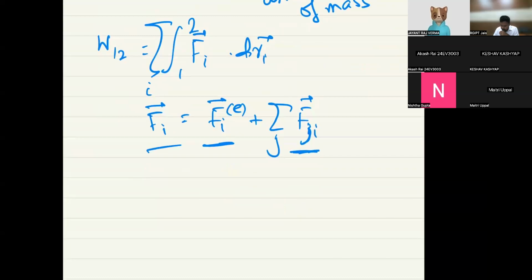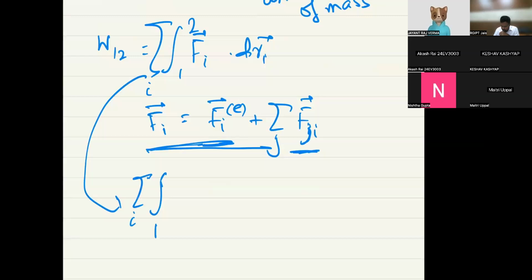So if we replace F_i by this term here, what will we get? The summation over i will be outside, and we are moving from 1 to 2. We replace F_i by F_i^e and do the dot product with dr_i. And then we also have the double summation over i, j, where j is not equal to i.